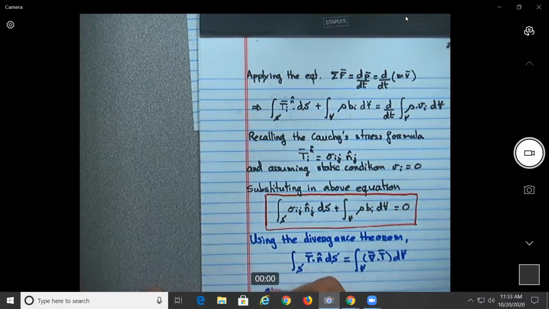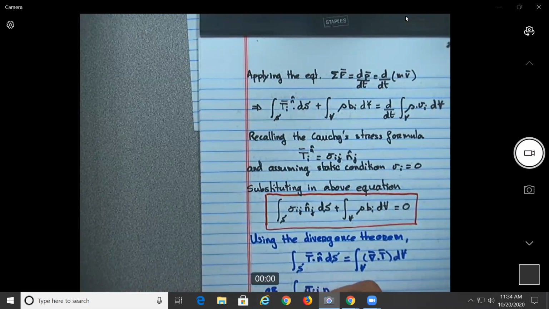Or we can just rewrite this in index notation. T sub i, n of, why do I have a different index here? Let me just put this one as sigma right away. Sigma_ij, because we can substitute it. n_j dS.